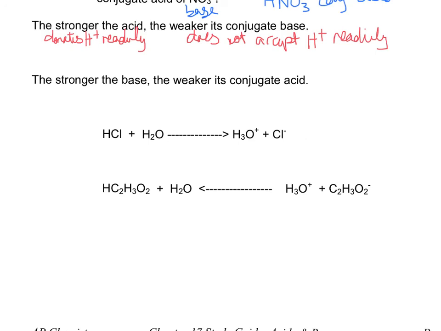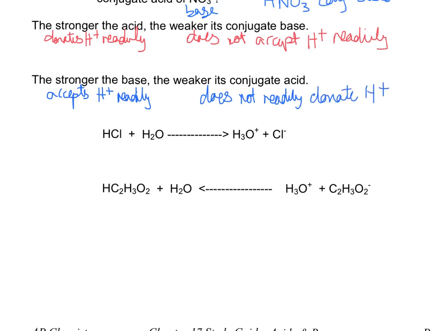Same thing with the base and its conjugate acid. The stronger the base, so that means it accepts a proton readily, the weaker its conjugate acid, so that means it does not readily donate a proton.